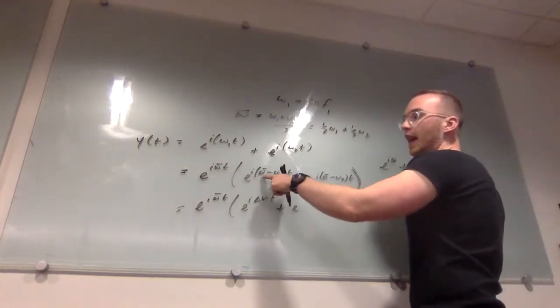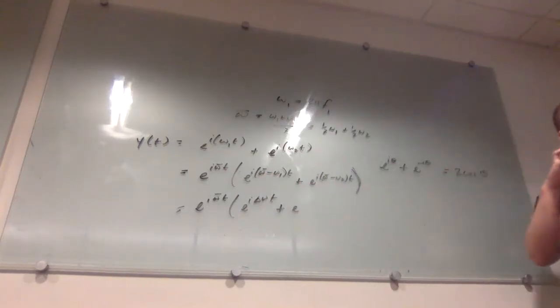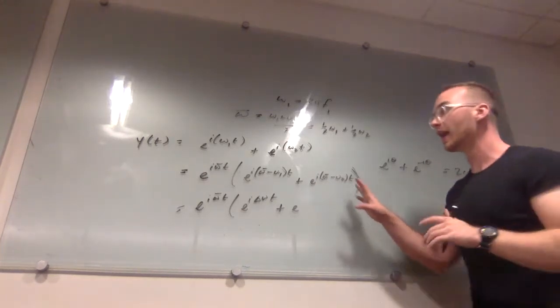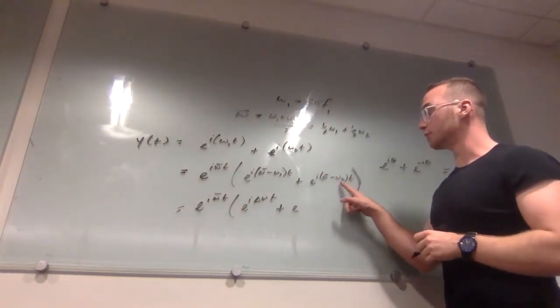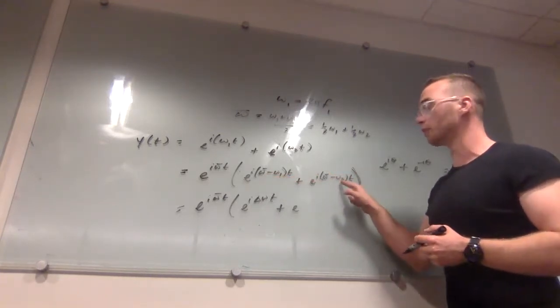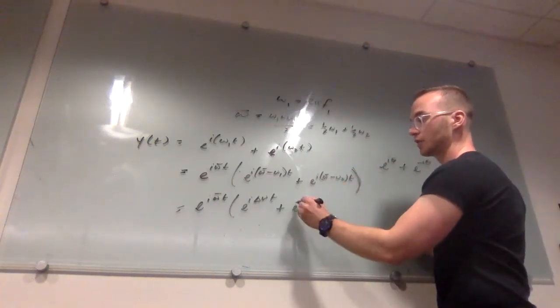If omega average is the average of those two things, it's halfway between 1 and 2. That's what the average means. So if it's halfway, it must be the same distance from the second one as from the first one. So this number and this number must be the same, but one of them is greater, so this one is actually going to be minus delta omega.